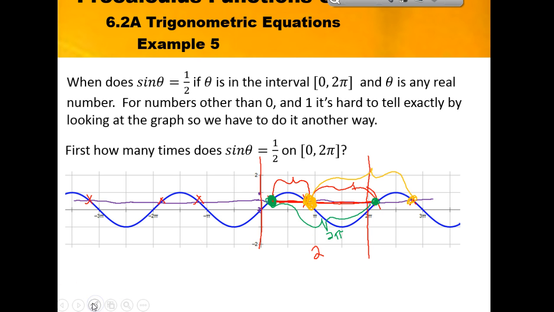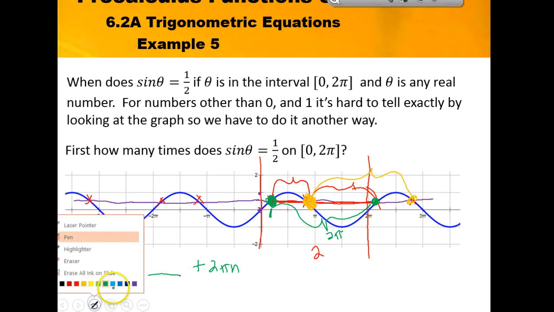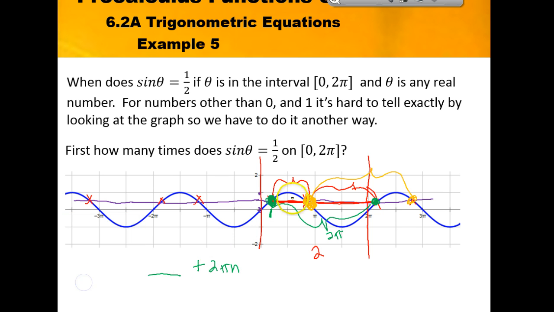And if you're getting confused, I'm sorry, but it'll make more sense when we actually do one. We're going to have my first answer, which is whatever this point is, plus 2 pi n. And then we're going to have this answer, whatever this point is, plus 2 pi n. Because we can't combine it into just one, because it has these two.